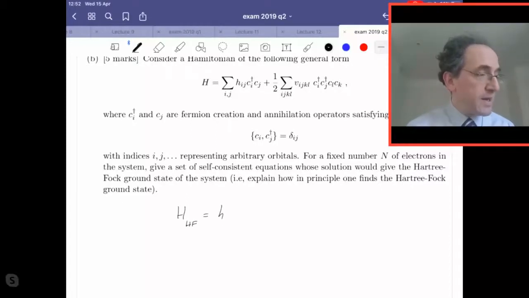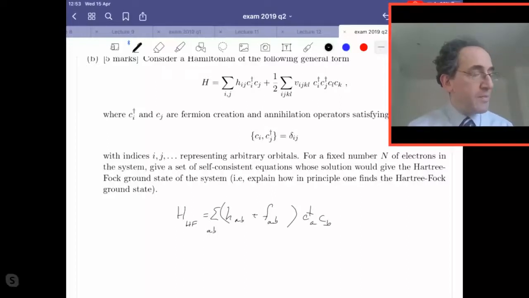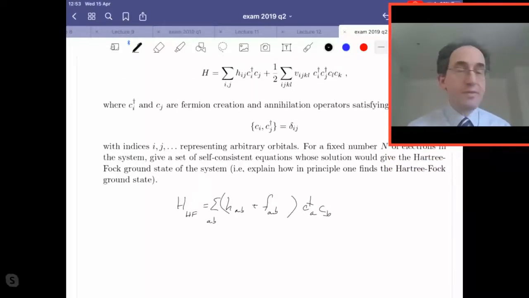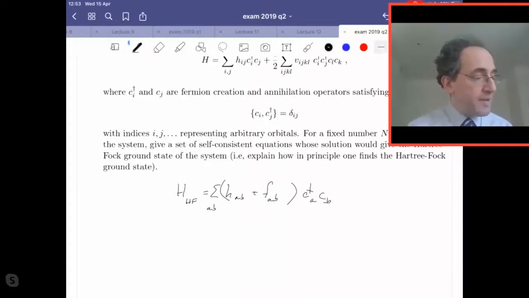We said that the Hartree-Fock Hamiltonian will look like, well, we can write it this way: H Hartree-Fock is the sum over A and B of (h_AB plus F_AB) C†_A C_B, where h_AB is the same non-interacting single body Hamiltonian written up here, and F_AB is this mean field thing that we calculated.